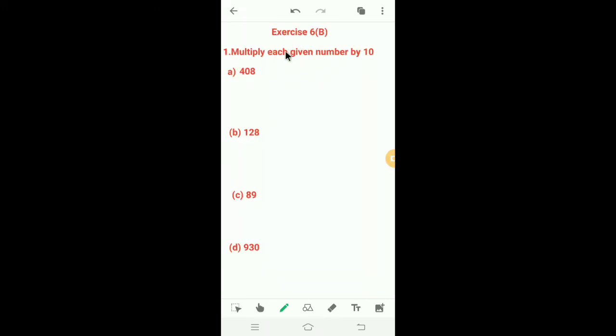Let's solve exercise 6b. In that first one, multiply each given number by 10. First one is 408. 408 into 10 is equal to, what is the shortcut method?